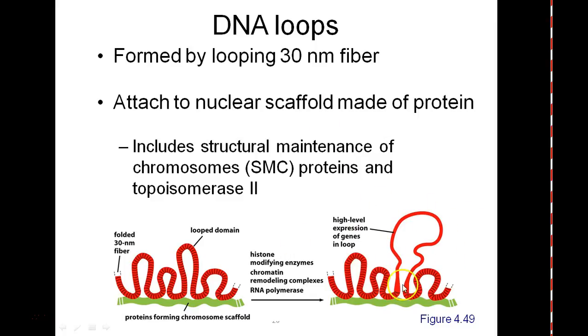Here, for example, we have a domain that is unwrapped and unfolded a little bit from the entire thing. Here we have a high level of gene expression in the loop. This loop would relax and form euchromatin, and in this region you could have gene expression.